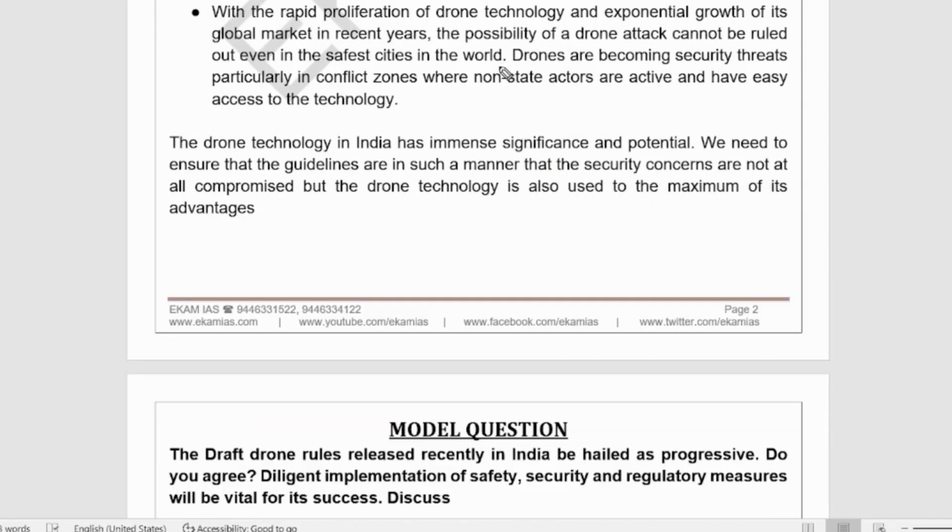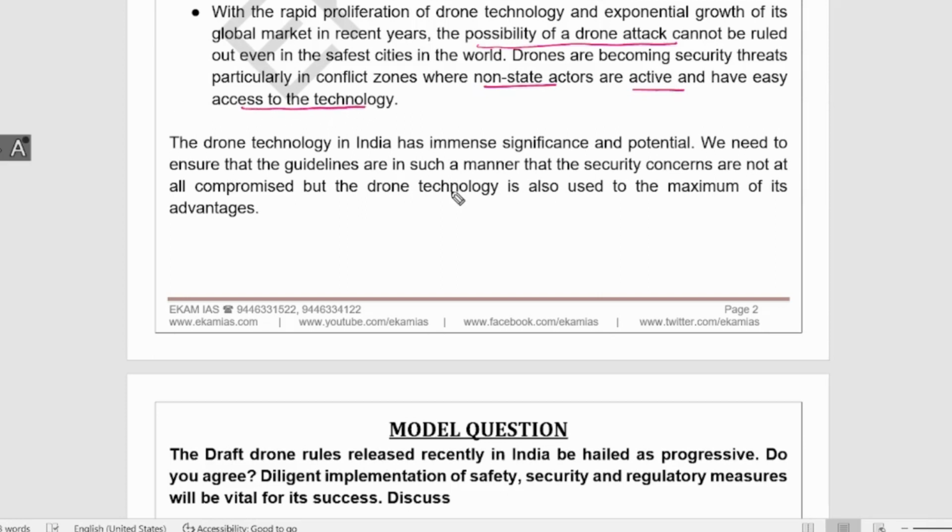Another important thing to keep in mind is that the possibility of a drone attack cannot be ruled out because of the exponential growth of this sector and the rapid proliferation of drone technology. These are becoming security threats even in the safest cities, and particularly in conflict zones where non-state actors have active and easy access to the technology.